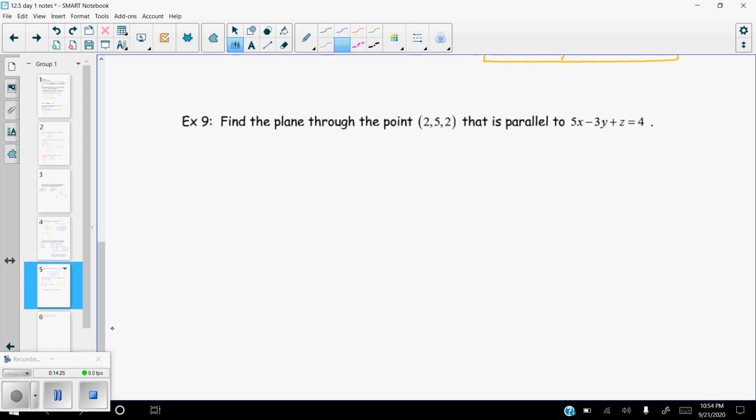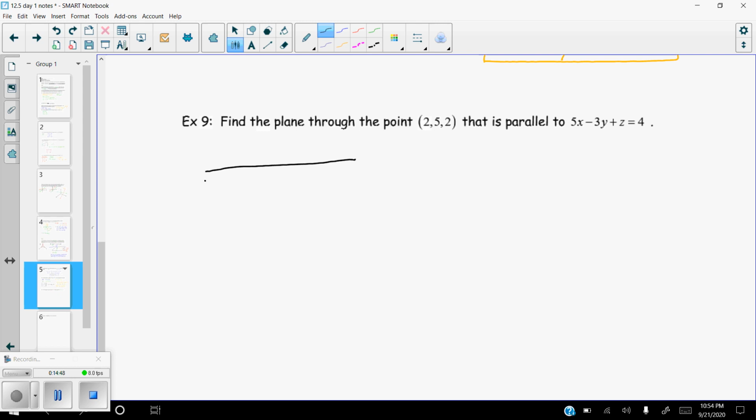Now we want to find a plane through a given point that's parallel to another plane. So we have to find a plane that's going through a specific point, but it has to be parallel to the plane 5x minus 3y plus z equals 4. Well, the good thing is, and I don't know if I can sketch this, I'll try.